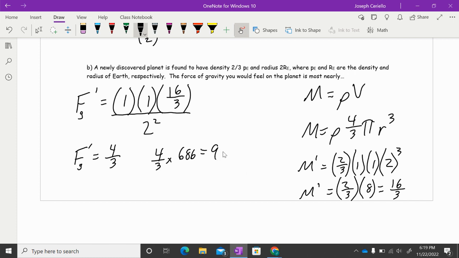About 915 newtons. All right, so those density ones are pretty tough, but if you follow that method I just showed you there, it just becomes a factor of change question kind of off to the side that you don't have to plug your answer into the original.